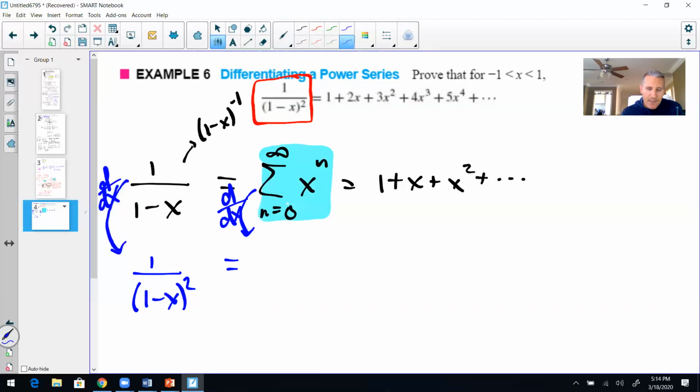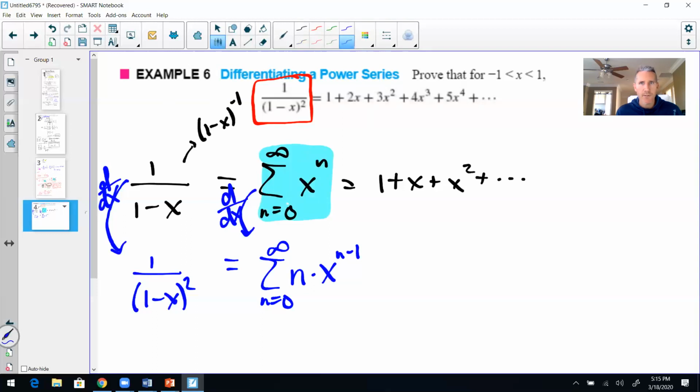Well, again, this just looks like the summation as n goes from 0 to infinity of, when I multiply that power down in front, right, because x to the anything, the derivative is that anything times x to that anything minus 1, right? So this is going to be n times x to the n minus first power. Do y'all see that?